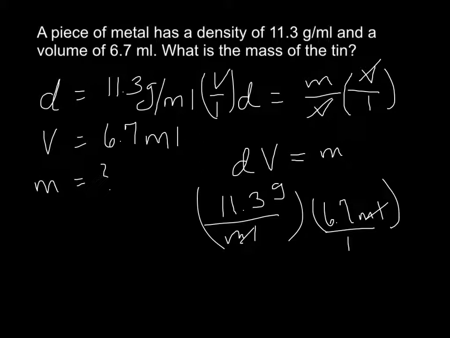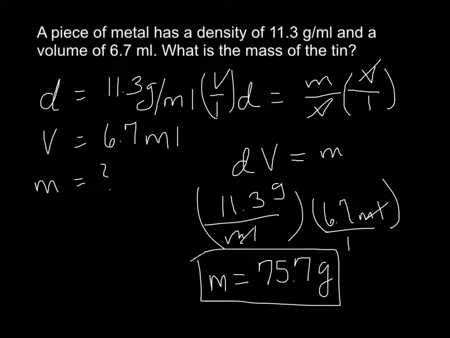Milliliters are going to cancel, so we're going to multiply 11.3 times 6.7. And we come up with the mass is 75.7 grams. This is just simple algebraic equations, moving those equations around.